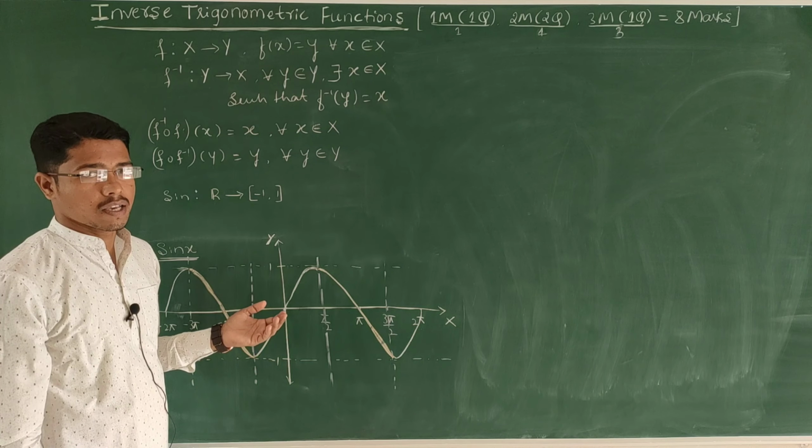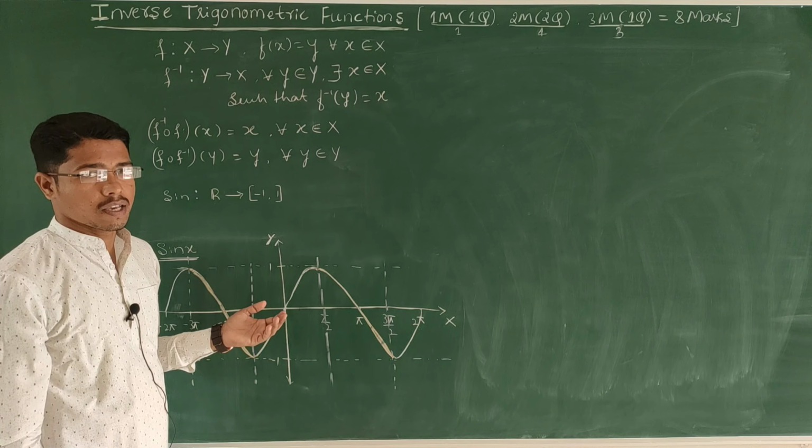I will take them on the x-axis here because the input is minus 1 comma 1. So this is x, this is y. What I did here is just interchange the x and y values. Suppose this is an ordered pair: the point pi by 2 comma 1 in the sine graph will become reversed in the sine inverse graph, that is 1 comma pi by 2.